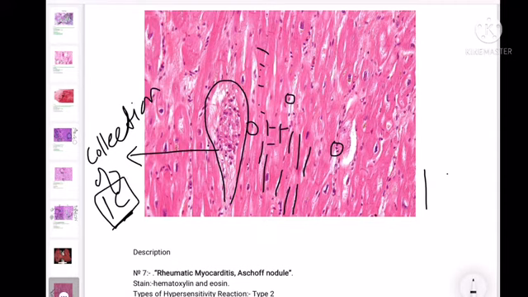If a patient has a history of pharyngitis, then there is a development of cardiac symptoms, and once you get the microscopical specimen of the myocardium and start to see on microscopy, you find something like this. So this is the granuloma, a collection of inflammatory cells.